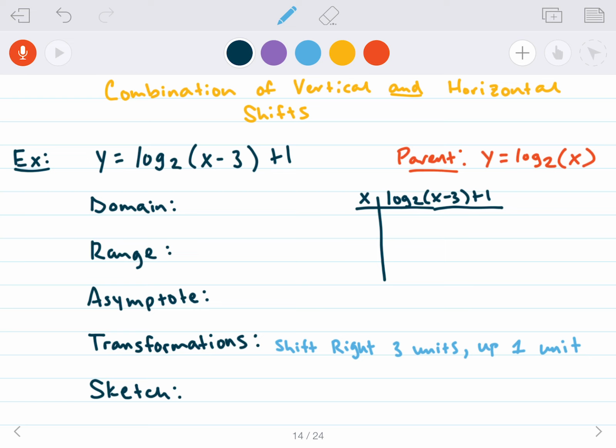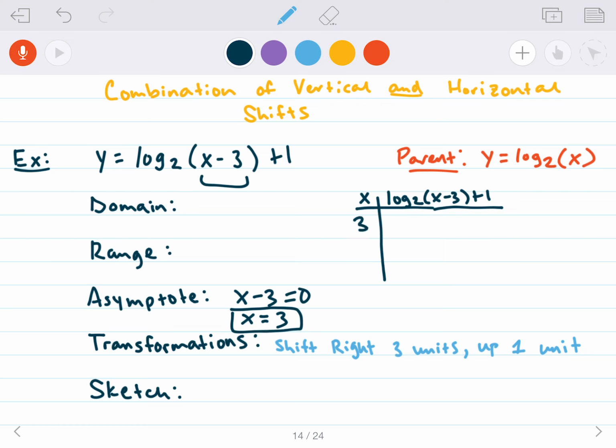Those are some pretty nice points to deal with. So first of all, for the asymptote, we have to set the argument, which is x minus 3, equal to 0 and solve for x. So the asymptote occurs for the x value that makes the argument 0. Okay? So adding 3 to both sides, we see that the asymptote is x equals 3.